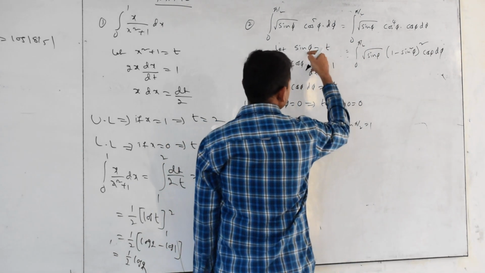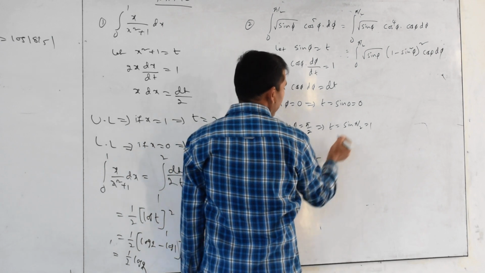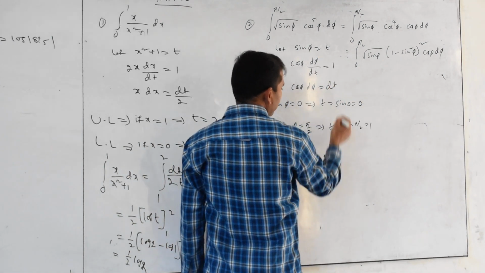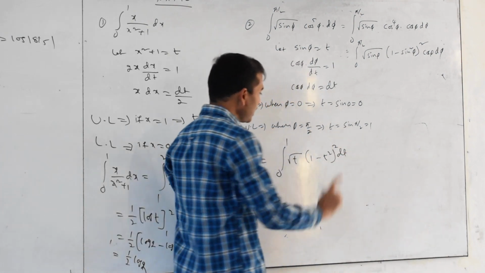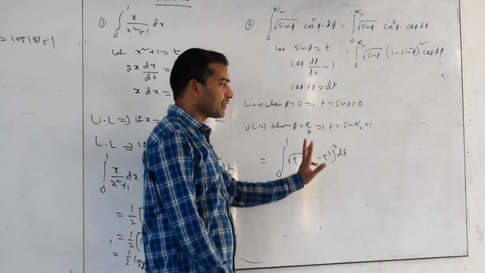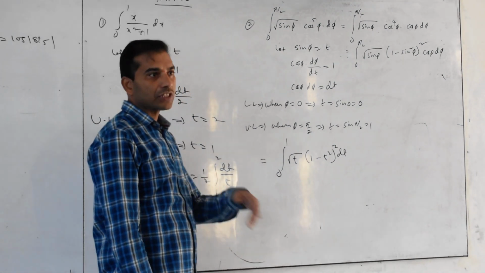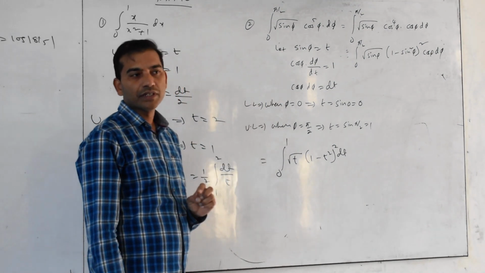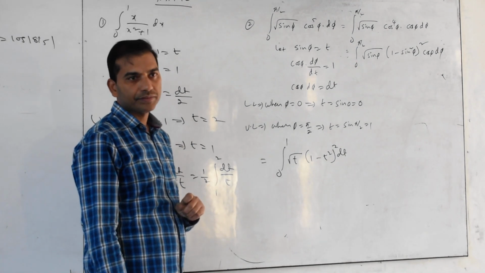Root of sin theta is root t, and 1 minus sin square theta whole square is 1 minus t square whole square, with cos theta d theta equal to dt. Like this, we have to change each and every function in terms of t. If it is not possible to change everything in terms of t, then the substitution does not work.